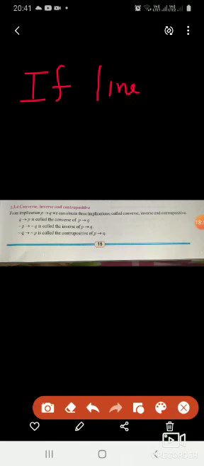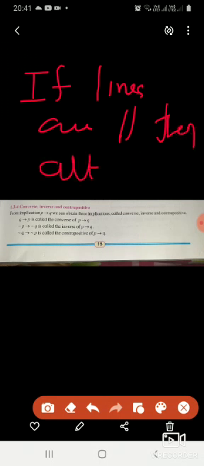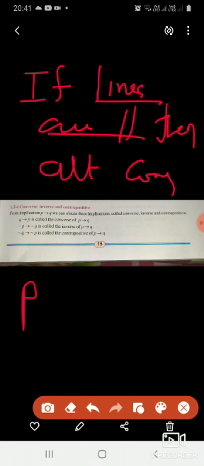So, in this case, this condition is if then. If lines are parallel, then alternate angles are congruent. First one we will take P, the lines are parallel, it is P, and alternate angles are congruent is Q. So it is a conditional statement, if then.